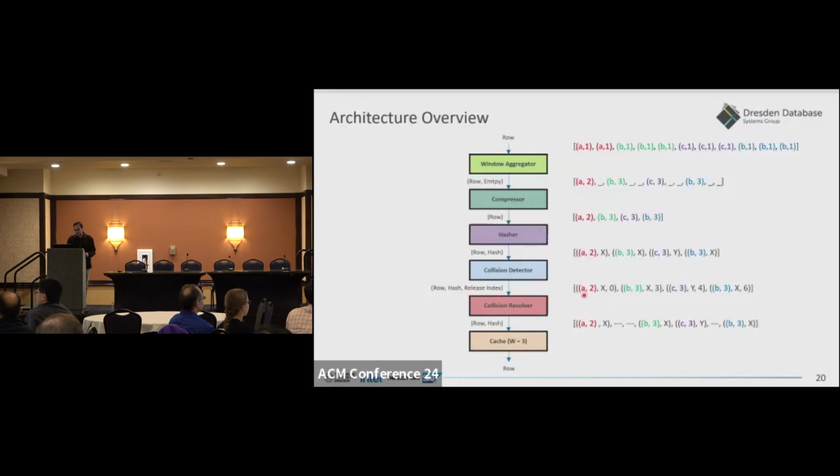Here, the first row, A2, has a release index of 0, so in the new stream of rows, which is shown below, it comes at index 0. The next row in green, B3, has a release index of 3, and so it becomes the third index of this new stream of rows. If you look at this final stream of rows, you'll see that there are no more key or hash collisions within every window of 3 rows. And so the cache doesn't need to deal with those anymore.